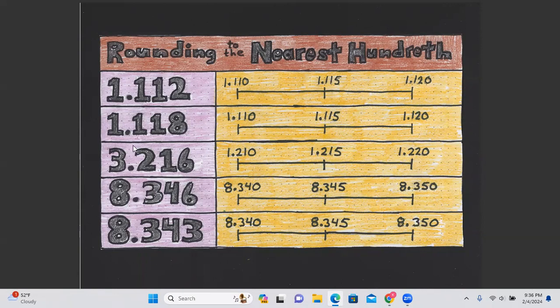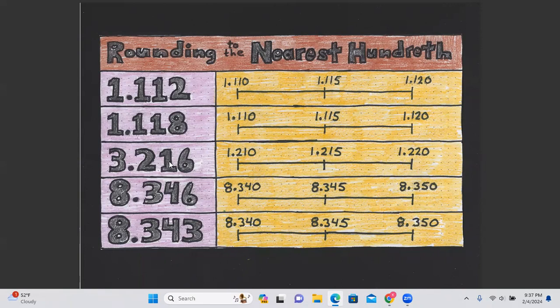So 1 and 118 thousandths is closer to 1 and 12 hundredths. Okay, so we could say 1 and 120 thousandths, but since we have a 0 here, we'll just simply say 1 and 12 hundredths, in which 1 and 118 thousandths rounds to.